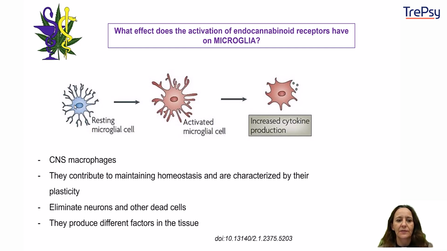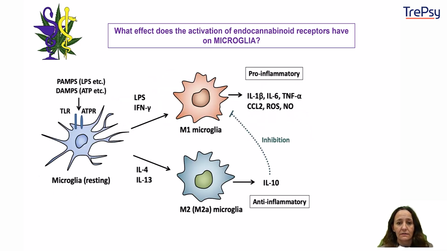So these cells contribute to maintaining homeostasis and are characterized by their plasticity. This is very important for microglia. They are very plastic cells. They are in charge of eliminating neurons and other dead cells, and they produce different factors in the tissue. Depending on the activation that the cell has, they can produce different mediators.